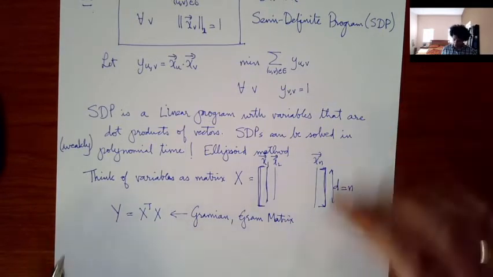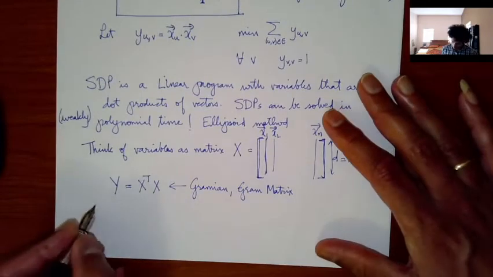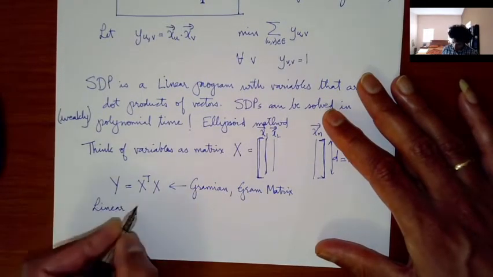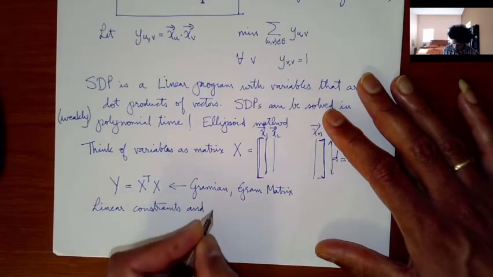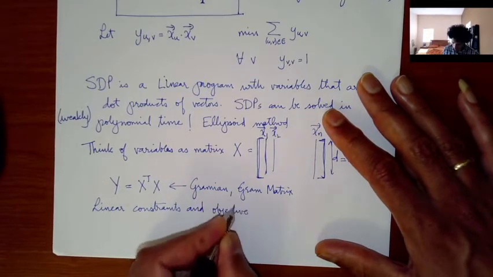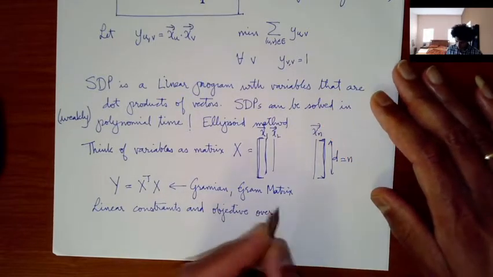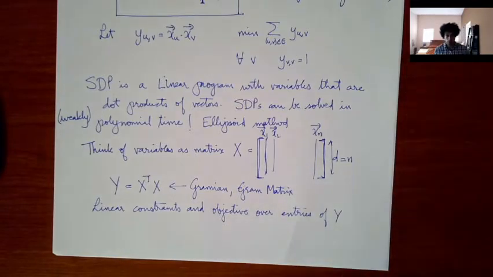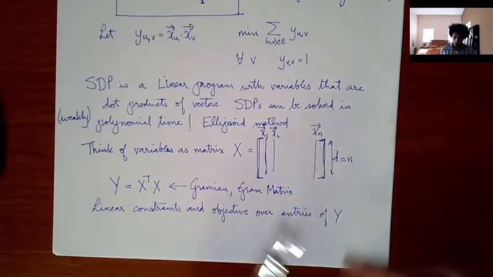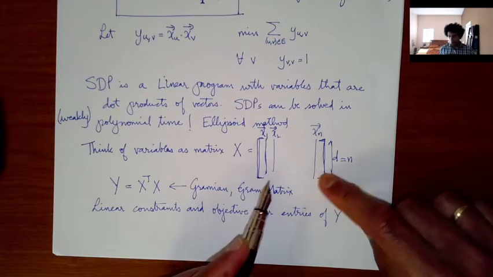What we have are linear constraints and objective over the entries of the matrix Y. Our original variables are in the matrix X. We take the Gram matrix.